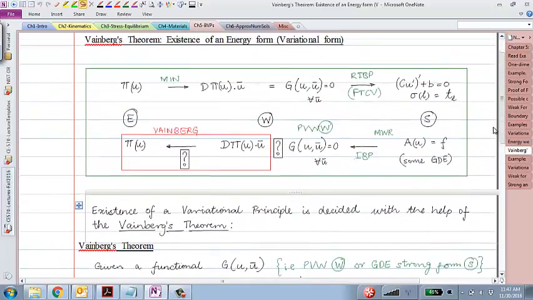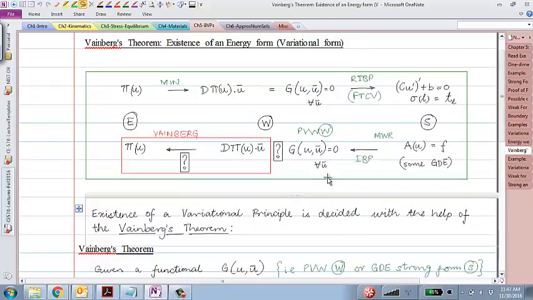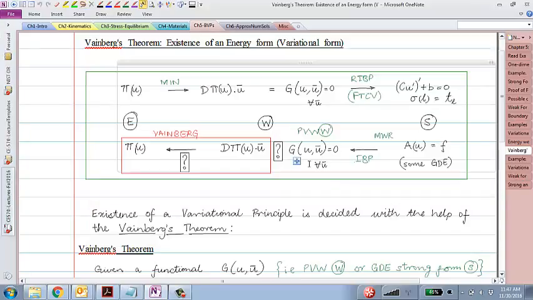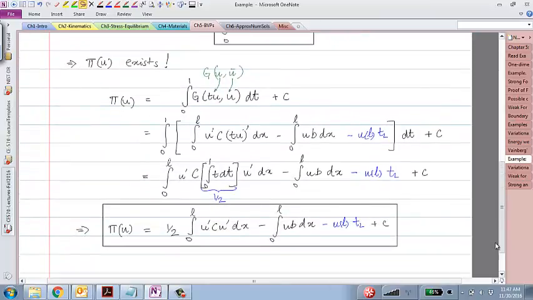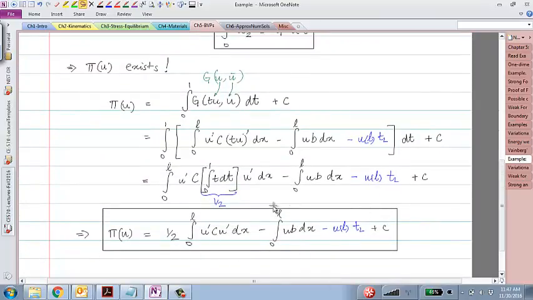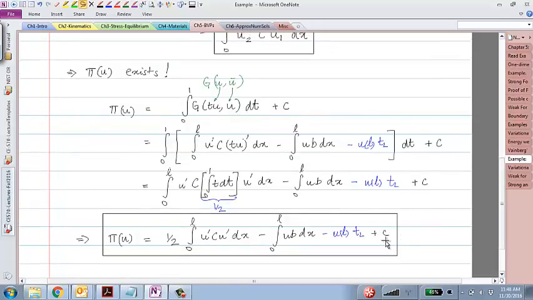In fact, if you were to not use the assumption that the virtual displacement is 0 where the real displacement is given to you, in that case you would get the other u bar 0 and t0 term as well. But this would be the correct energy functional for this one-dimensional problem that we had found. So indeed, and there is this constant. Any idea why there is this constant up here?